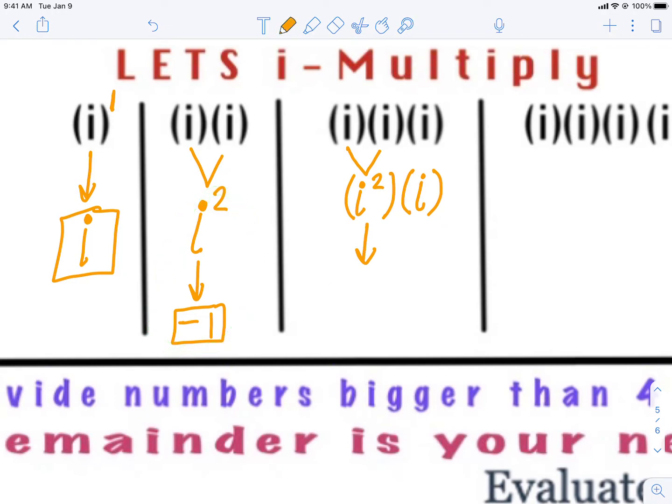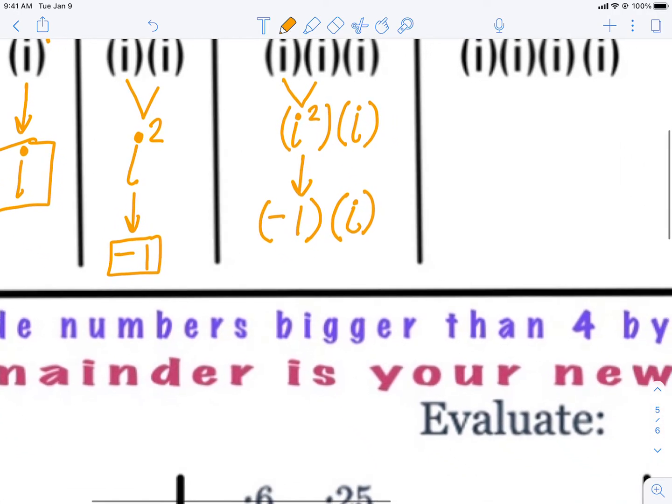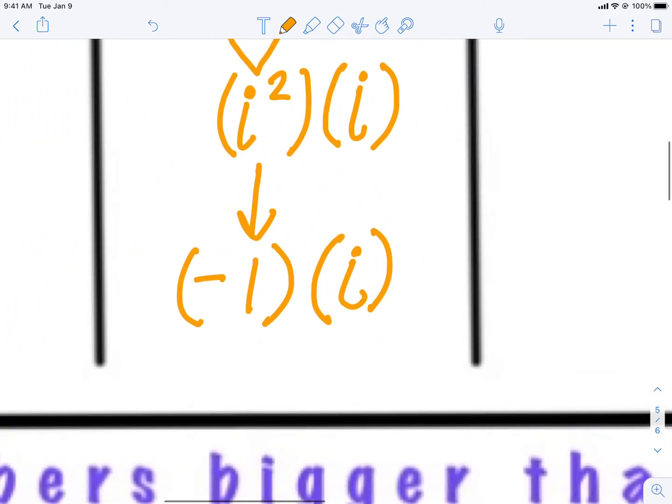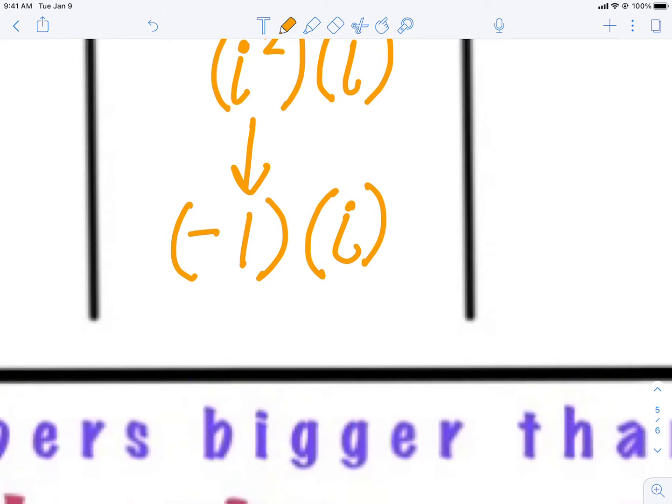So I'm just going to write here -1, parentheses, I by itself, well, that's just I, see? I to the power of 1 is just I. So this is I. Well, what is -1 times I? Right? -1 times I is -I. Just like that. -I.